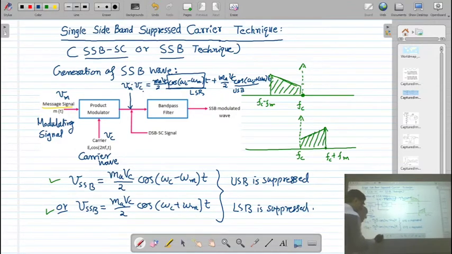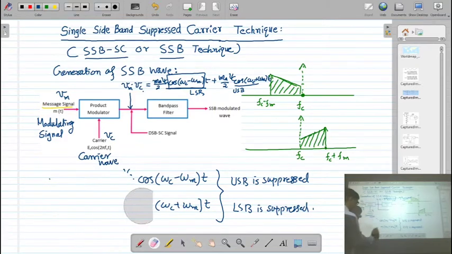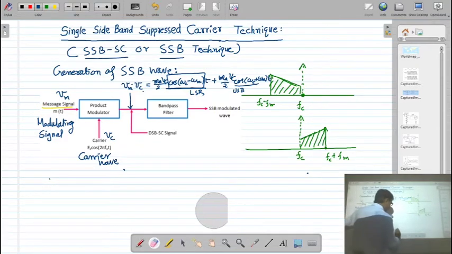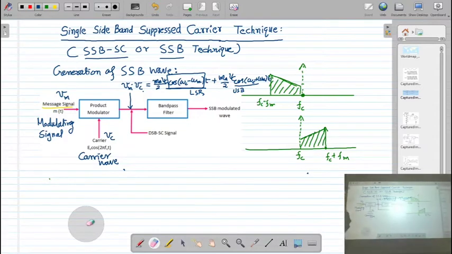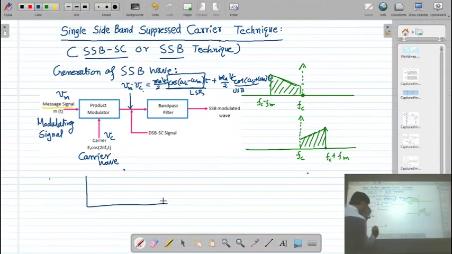So here if you see, now see what should be the characteristics of the band pass filter. Already you know that it will allow the in-between frequencies. If we plot frequency against output voltage, this band pass filter has a lower cutoff frequency F1 and an upper cutoff frequency F2.